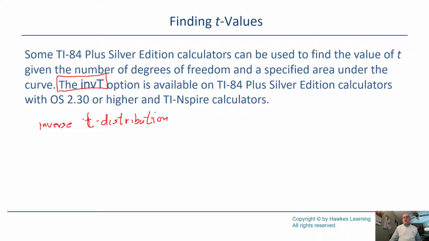So what you should do, if you have a TI-83 or 84, is just double check. You could check the OS, which would be second, memory, and just look at the top, hit number 1, and you'll see which one it is.